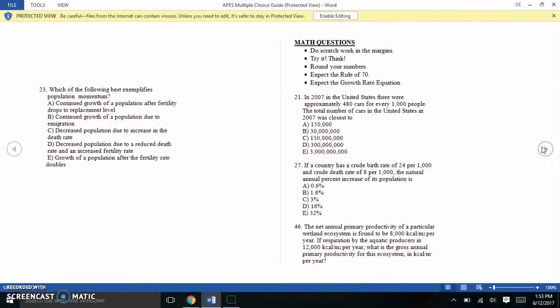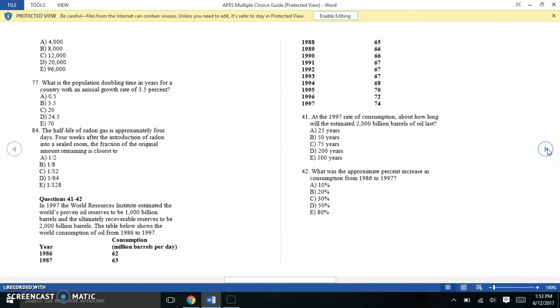And then number 46 is dealing with ecosystem kilocalories. How many kilocalories can you get from that ecosystem? So there's another example, and there's your possible answers. Number 77, doubling time. We will have a formula for that.